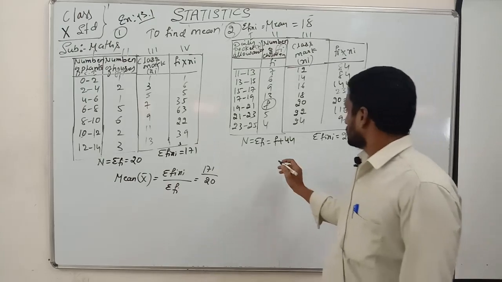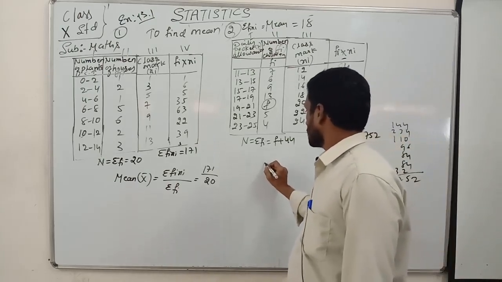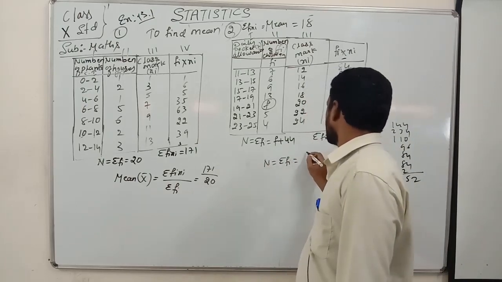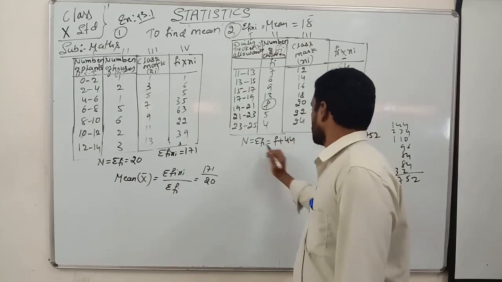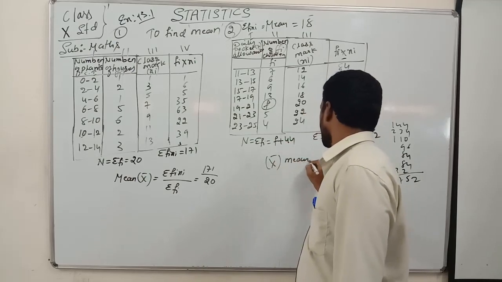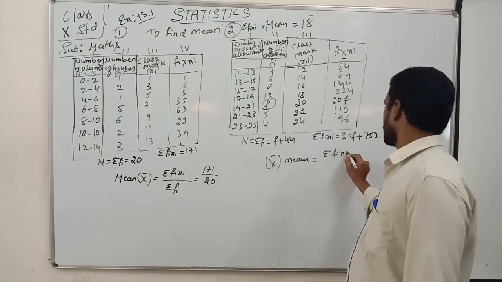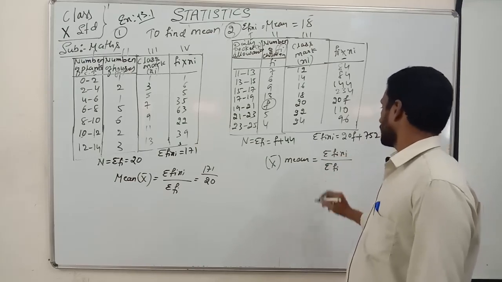Next, again the formula. What is the formula? That is n is equal to sigma fi. The mean, x bar, is equal to sigma fi xi divided by sigma fi.